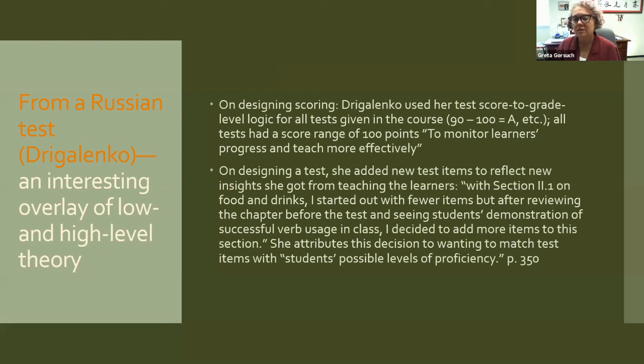She attributes this decision to wanting to match test items with students' possible levels of proficiency. So this first thing with all the tests being 100 points is clearly a low-level teacher theory where she wants the students to see where they are in terms of this thing of 100 and also for herself. But then she's very interested in this bottom statement about proficiency and changing the content of her test according to what she sees. This is also low-level proficiency in high gear. And this is amazing, what she's done.